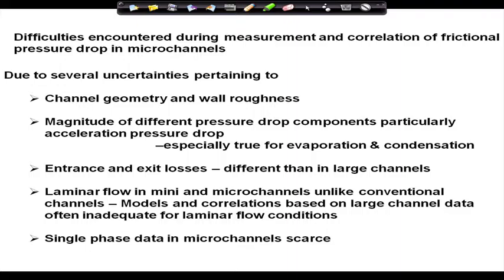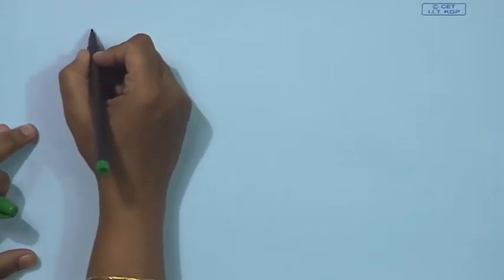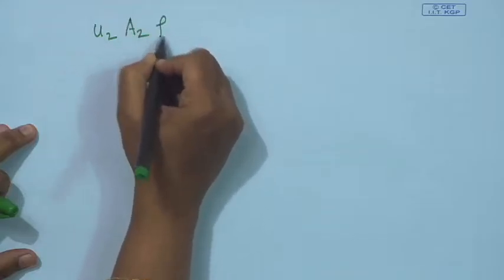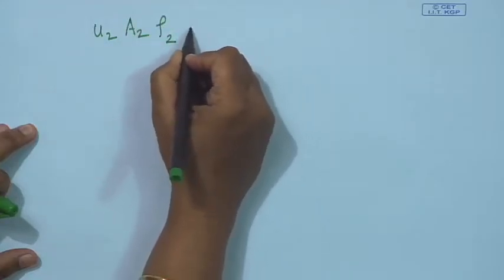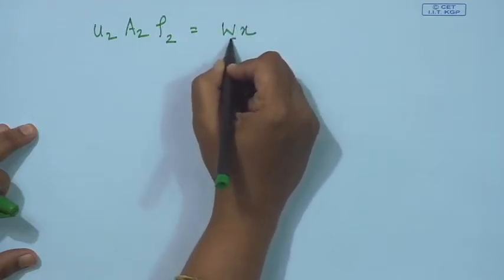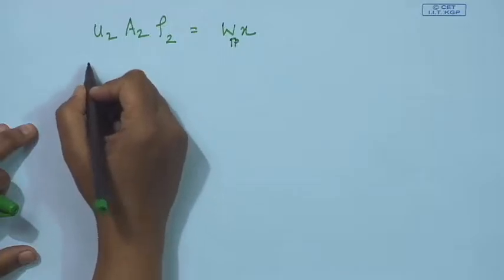If we find out the void quality relation in this particular case, again if we start from the nomenclature part, what do we find? We find that from the equation of continuity, U2 A2 rho 2, what is this equal to? This is nothing but equal to W, the total mass flow rate, into the mass quality x.